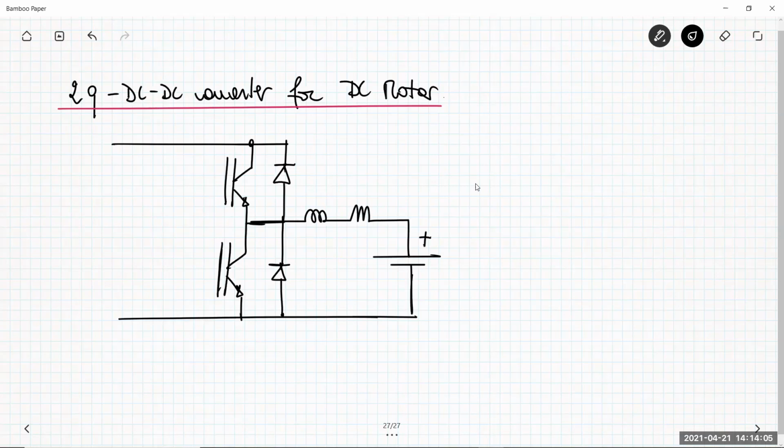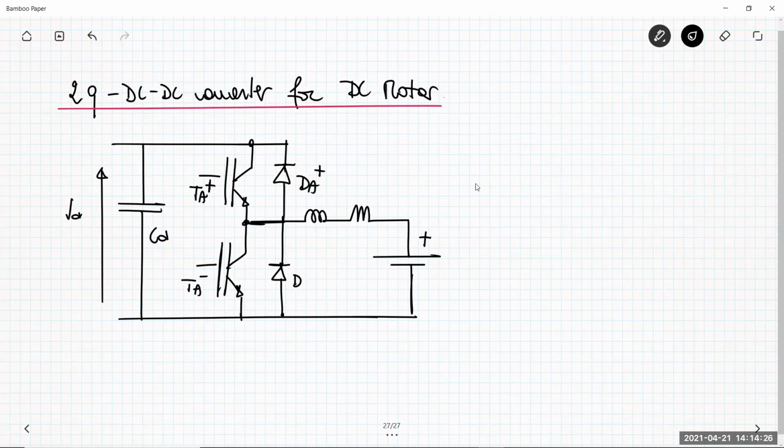DC motor model. Here are TA plus, TA minus, TA plus, TA plus, TA minus. This is node A, node N, etc. This is the circuit we analyzed before.